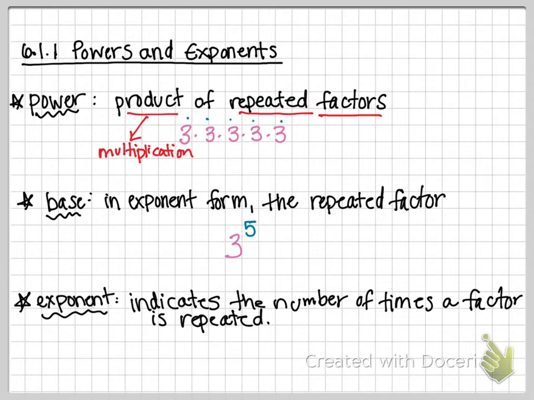So notice the exponent goes up and to the right of that base. So it's kind of smaller and up above. Do you guys see how it's written like that? The exponent tells us how many times we multiply this 3 by itself. In this case, it was 5.